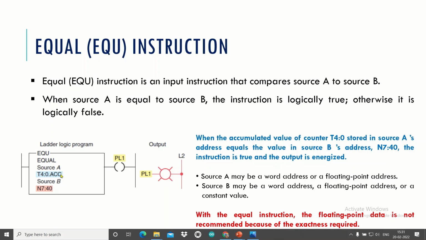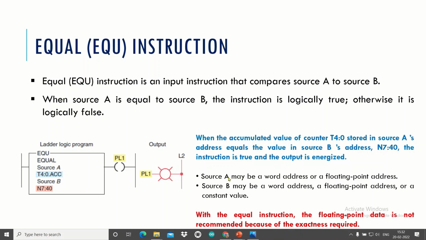So what is the first source? It is the accumulator of timer T40 and the second source is N740. So if both of them are equal, then this lamp will go on. That means this rung will be true and this coil will be activated.